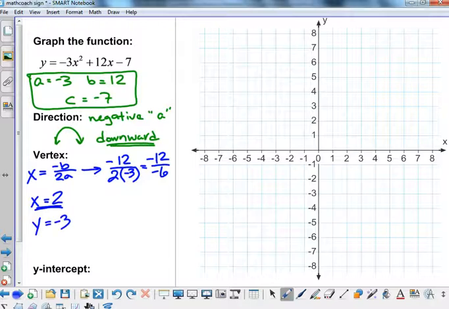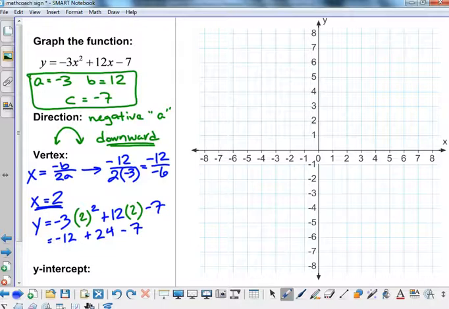Y is equal to negative 3 times 2 squared plus 12 times 2 minus 7. So we plug that 2 in for the x, and we get this. 2 squared is 4. Negative 3 times 4 is negative 12. 12 times 2 is 24.